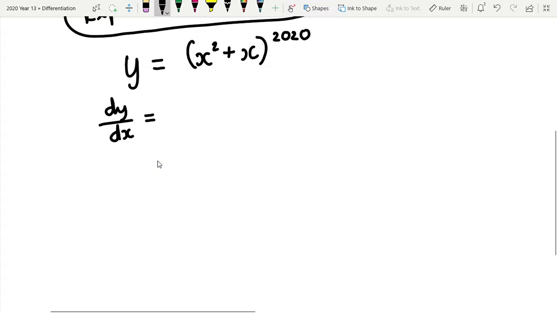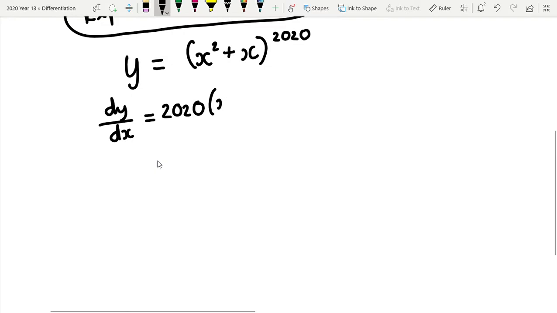I'm going to make sure that I go from outside to inside. So outside, my first instinct is to use the power rule to differentiate. So I'm going to bring down 2020, and then I subtract 1 from the power.